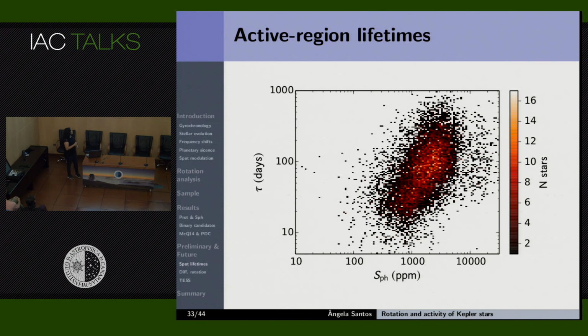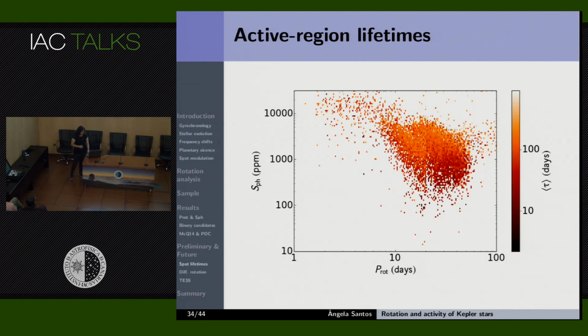So for more active stars, the lifetimes are also longer in comparison with less active stars. And this is the same result, but in the SPH rotation period diagram, and we see here the shortest lifetimes for slower and less active stars.